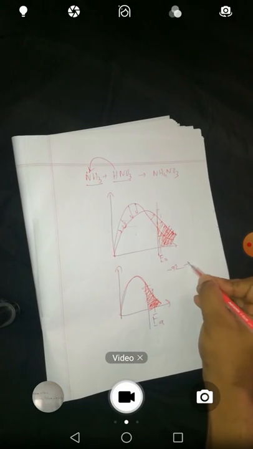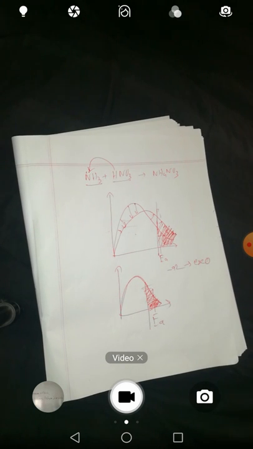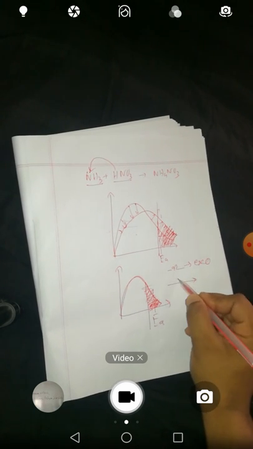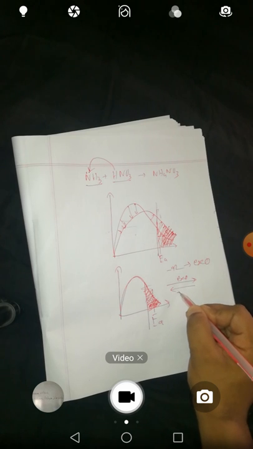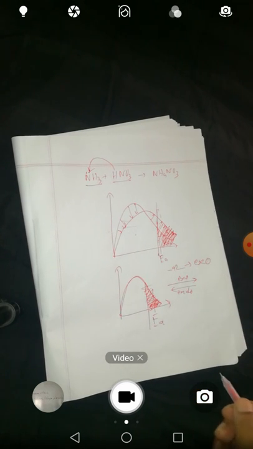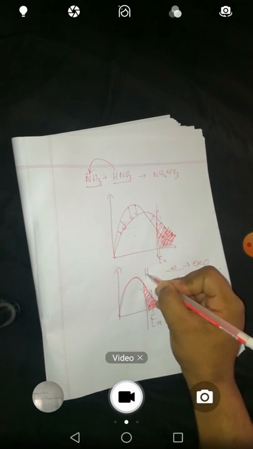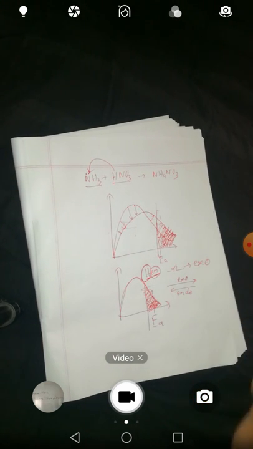Minus 92 means the reaction from left to right is exothermic. Left to right is exo, and from right to left will be endo. Now you remember the short form HEN. At high temperature, endothermic reaction is always favored.